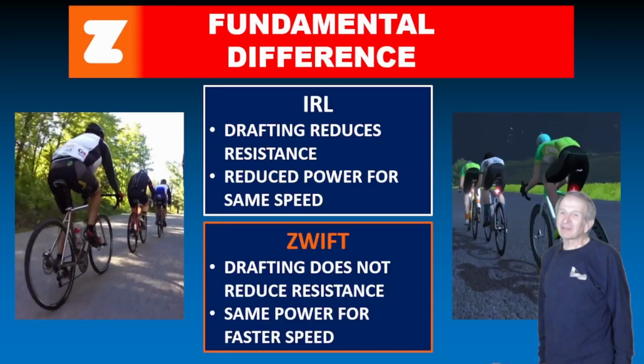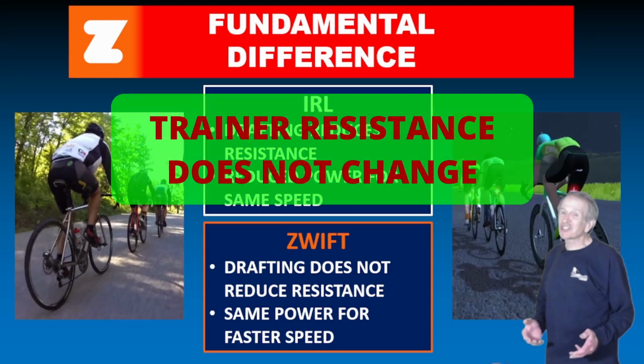There's a fundamental, though subtle, difference between drafting in real life and on Zwift. In real life, when you come up behind other riders, you'll feel that reduction in resistance, and so you'll intuitively back off on your power to hold that gap. But on Zwift, when you come into the draft of other riders, the resistance doesn't change. So you don't get that feedback.